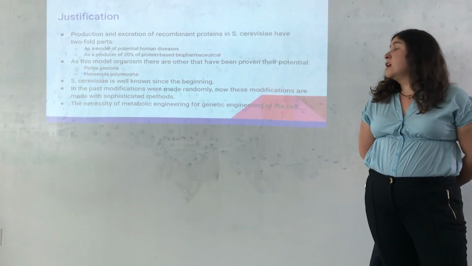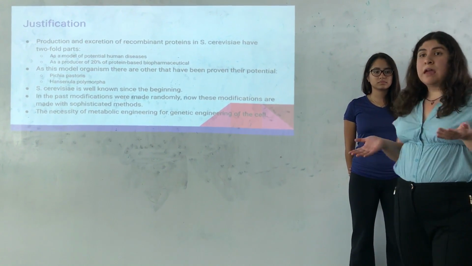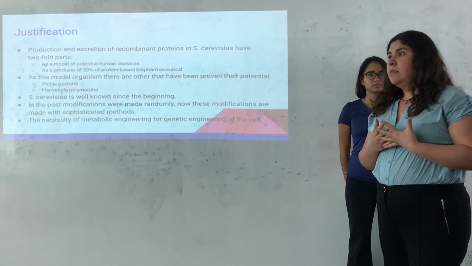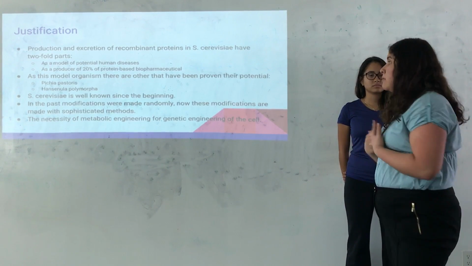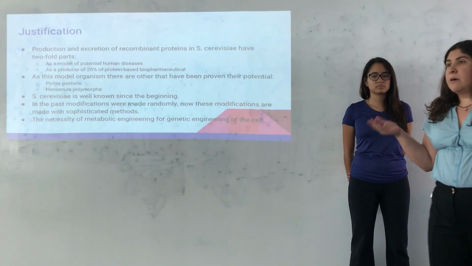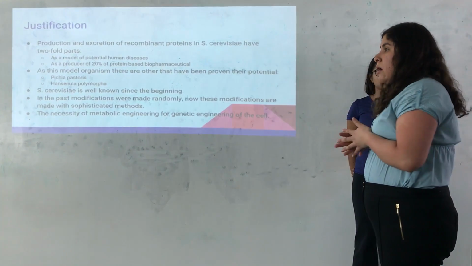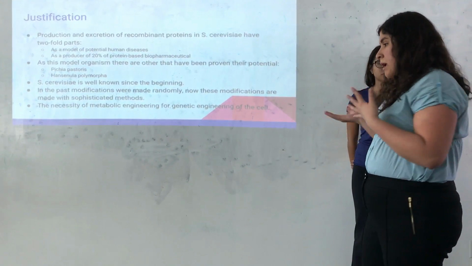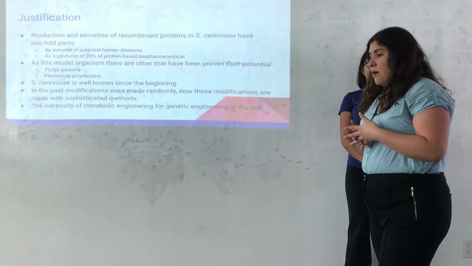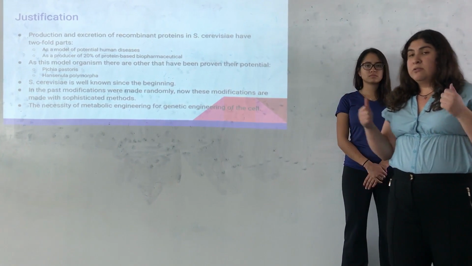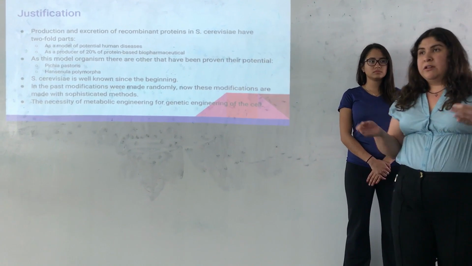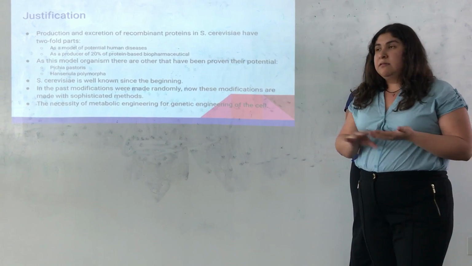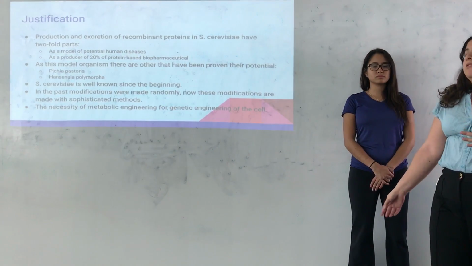As part of the justification, there is another important characteristic that Saccharomyces cerevisiae has, which is important for us, the humans. For example, it was used as a model of human diseases at the beginning of the study of these organisms. But then they found that it had the potential to produce other important recombinant proteins, like insulin.